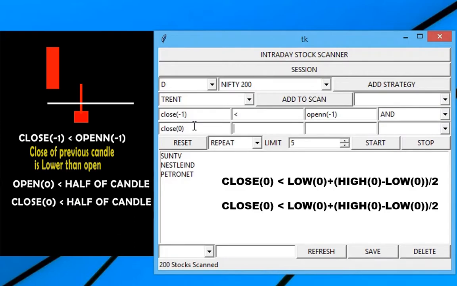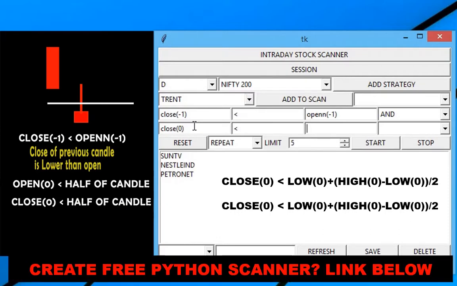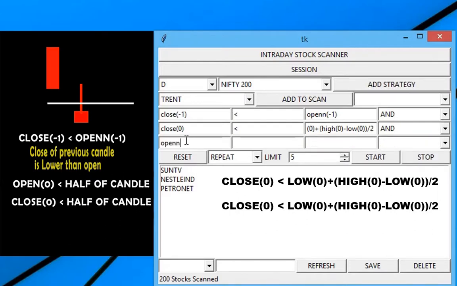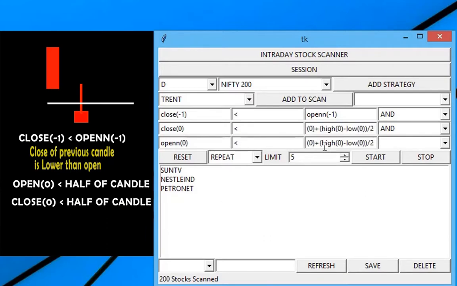Next condition is open and close of last candle should be below the half of the candle length. Okay, let's run the scanner.